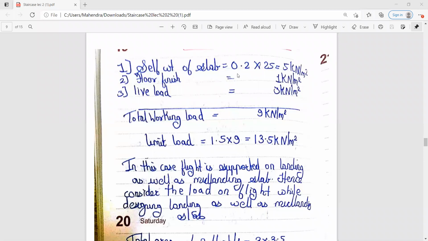Everybody had done the loading calculations. Yes, Faraz, had you completed?